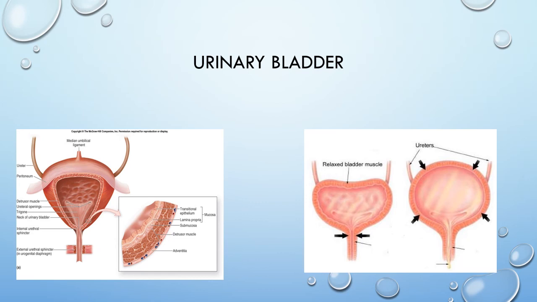So it has to kind of rise as the volume of urine increases rather than move side to side and grow in that manner. So as urine fills, it goes this way because of its location. It does not grow or expand, if you will, that way.